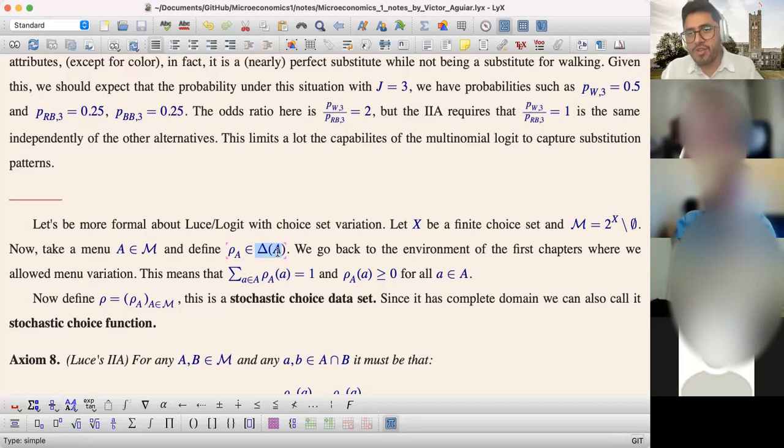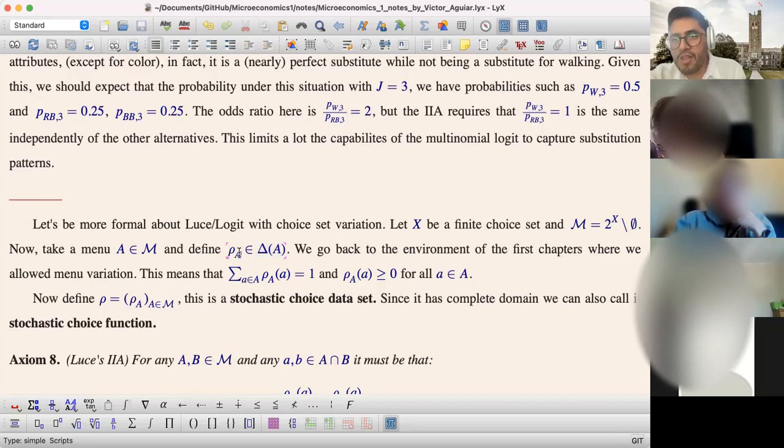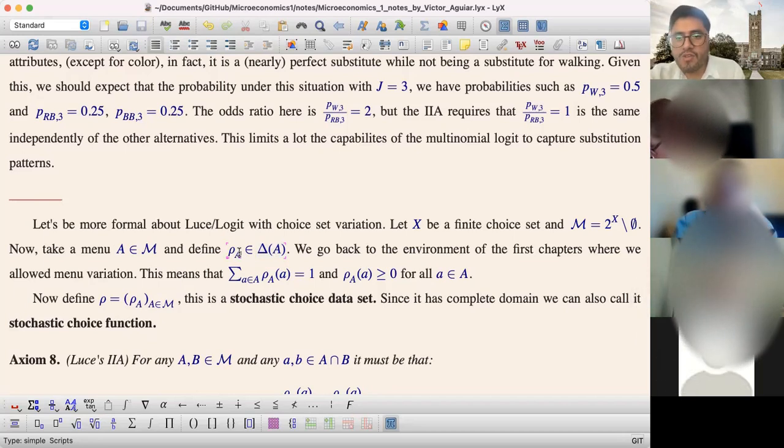So the simplex is the collection of probabilities over A. So now we take a menu and we put a probability over that menu. And this object is going to be called rho sub A. And this is describing the probability of choosing alternative a inside menu capital A, okay? So this is a full description of the probabilities of choice, okay? So remember, this is now our object of interest.